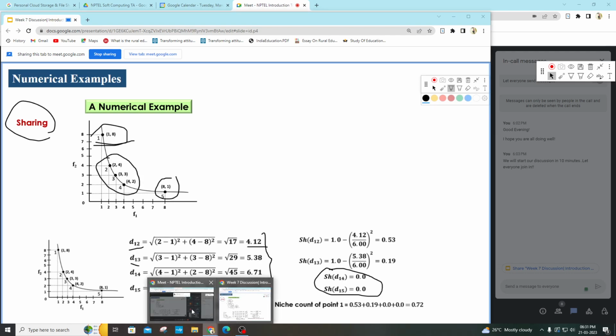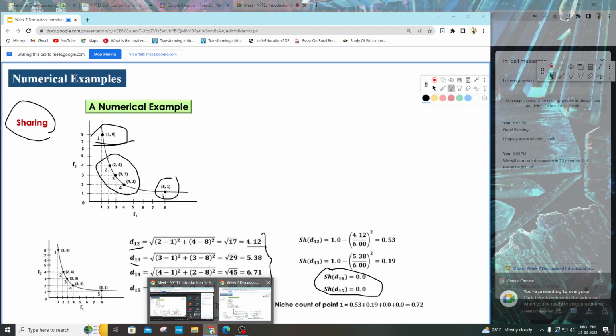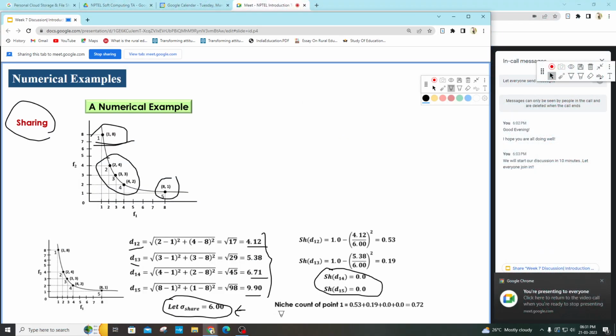So the sharing function of these 2 points, D14 and D15, is 0. But for the other 2 points, D12 and D13, you can see that the Euclidean distances are less than your sigma share.